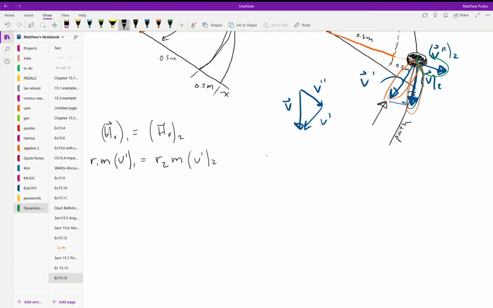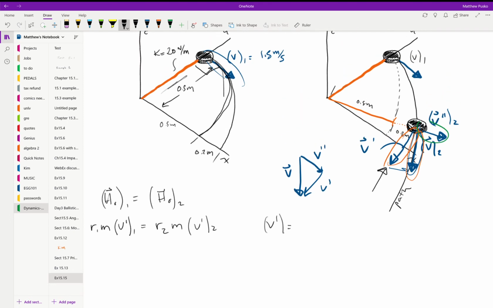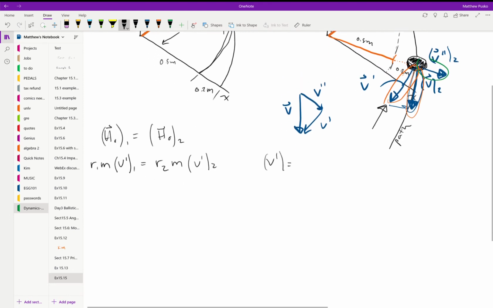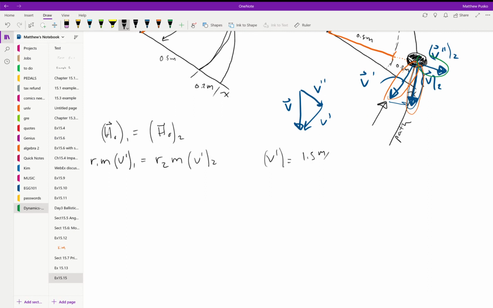We're given v prime at 1. That is this perpendicular speed they gave us, 1.5 meters per second. We know the radius initially is 0.5. We know the radius in its final stretched state, they told us, is 0.5 meters plus 0.2 meters.